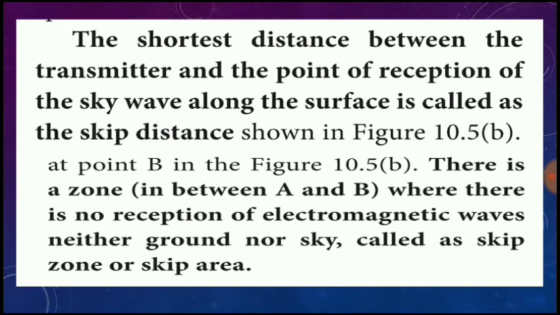The next is also an important 2 marks. The shortest distance between the transmitter and the point of reception of the sky wave along the surface is called the skip distance. This is also another important 2 mark question.